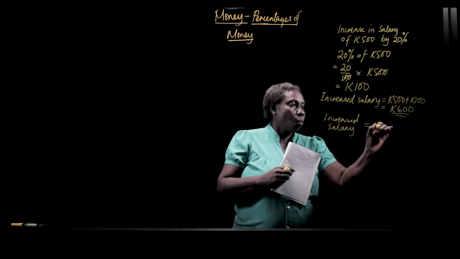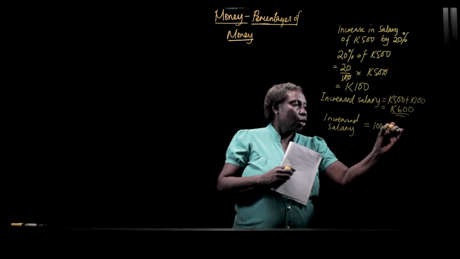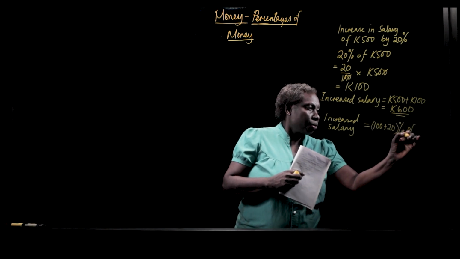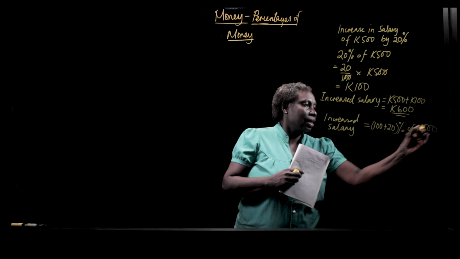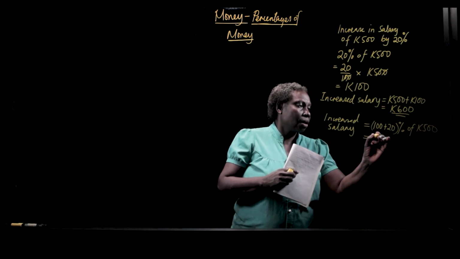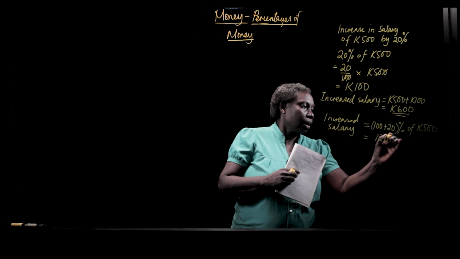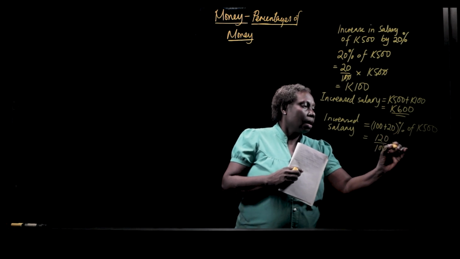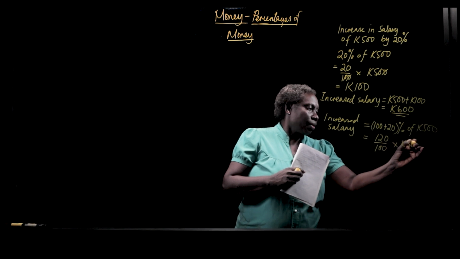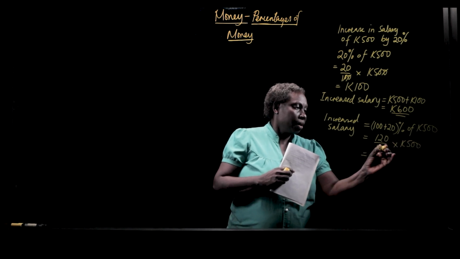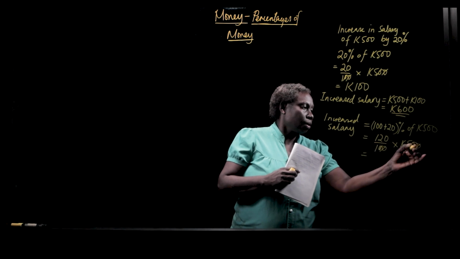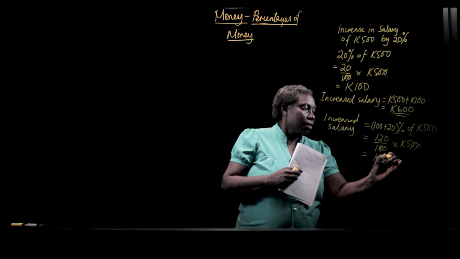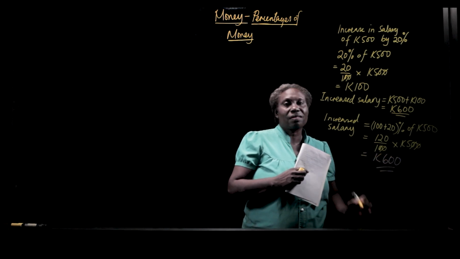So we have 100% plus 20% of 500 kina, and that gives us 120 over 100, because that's a percentage, times 500 kina. This cancels out. 5 times 120 gives us 600 kina. Again, we get the same amount.